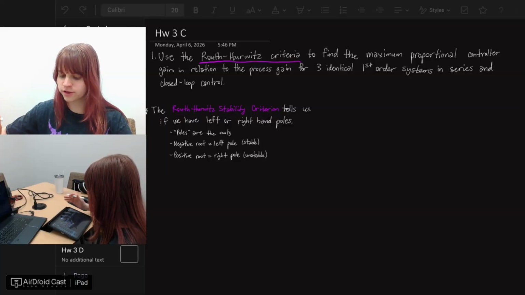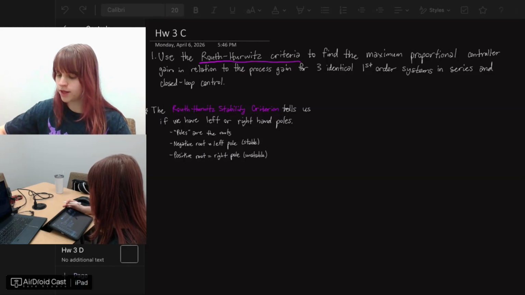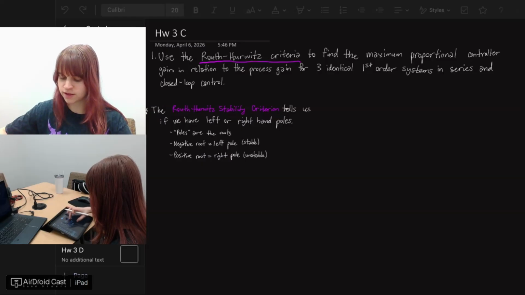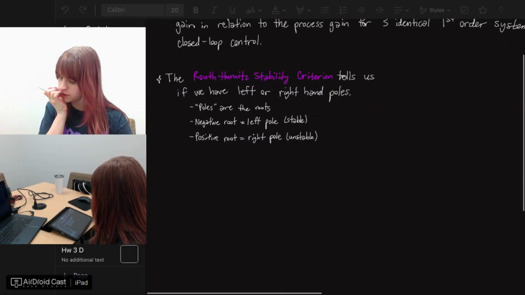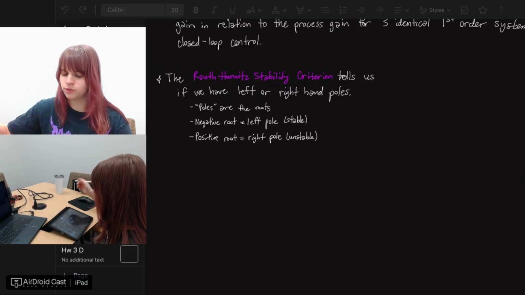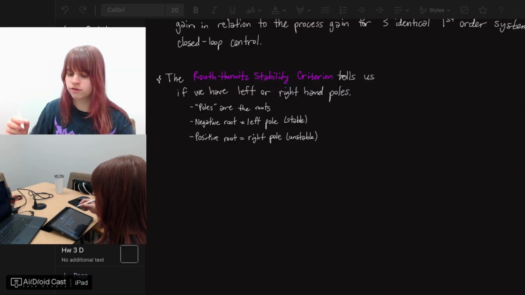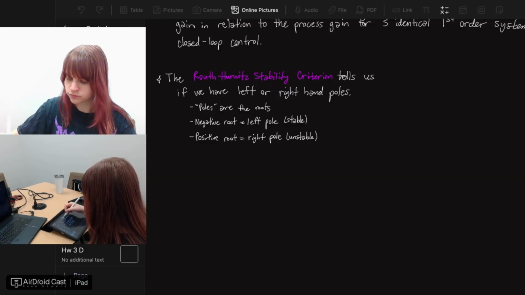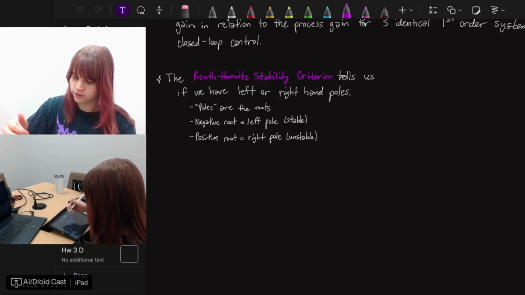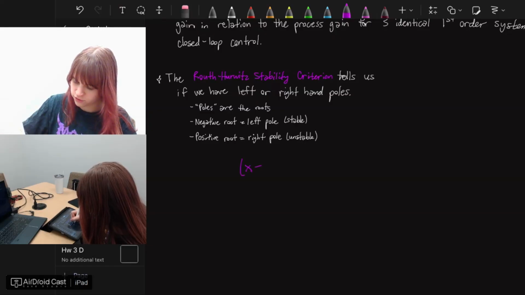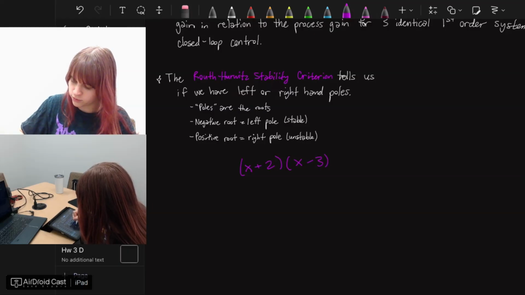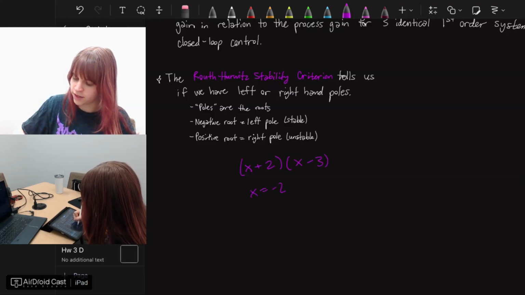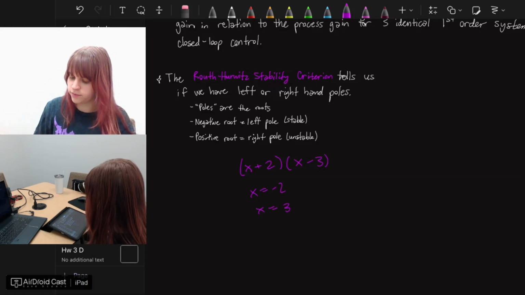Okay, so as I was saying, we're going to use the Routh-Hurwitz criterion to find that maximum proportional controller gain. Basically, the Routh-Hurwitz stability criterion tells us if we have left or right-hand poles. Poles are the roots of the equation. So let's say we had x plus 2 and x minus 3, then our roots would be x equals -2 and x equals +3.